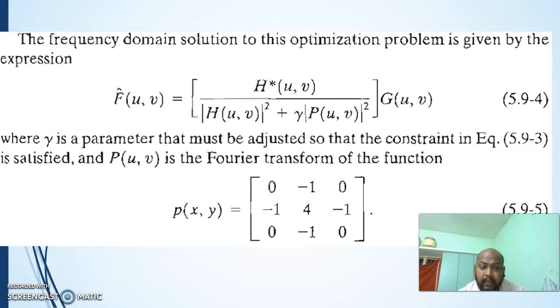And P of u comma v is the Fourier transform of the constraint function, which in matrix form is p of x comma y equal to 0 minus 1 0, minus 1 4 minus 1, 0 minus 1 0. This is associated with the constraint function.